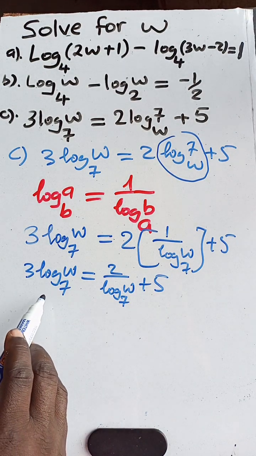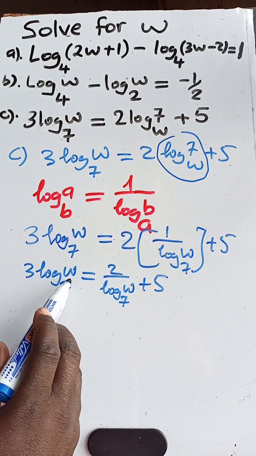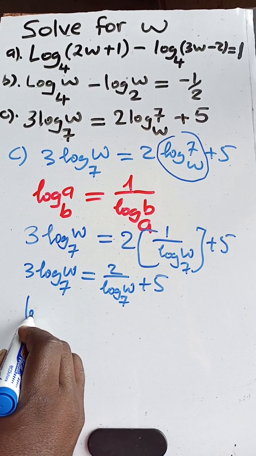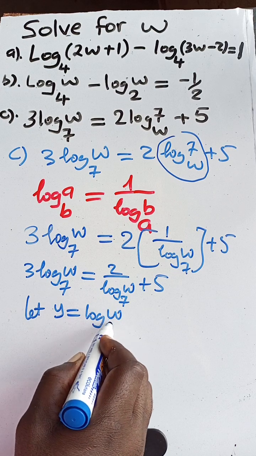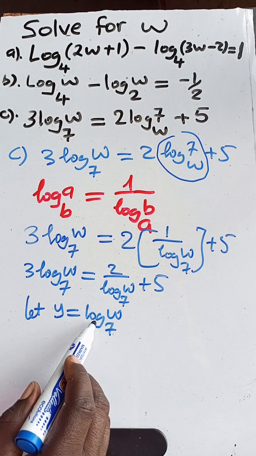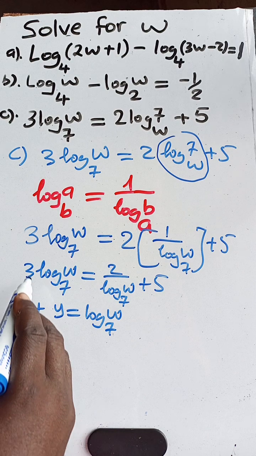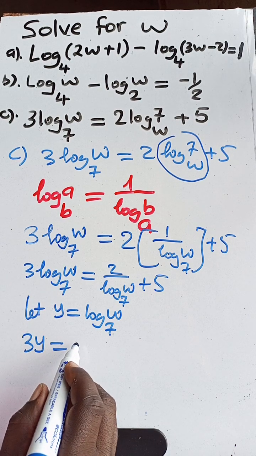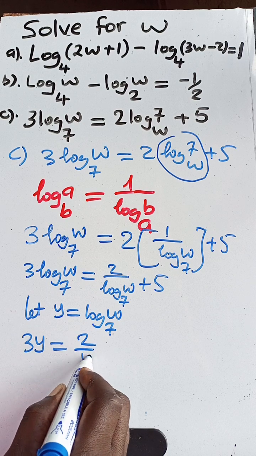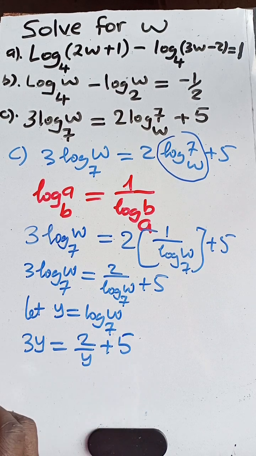Now we have an equation in terms of log W base 7, so let's make that substitution. Let's make Y be log W base 7. Wherever we see log W base 7, we put Y. So our expression becomes 3Y is equal to 2 all over Y plus 5.